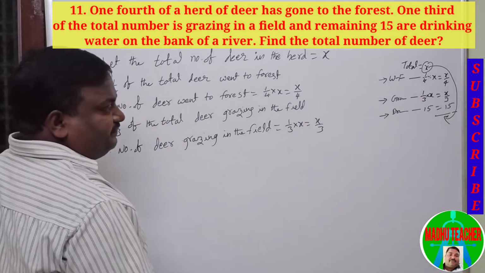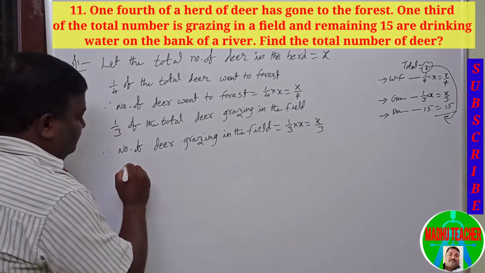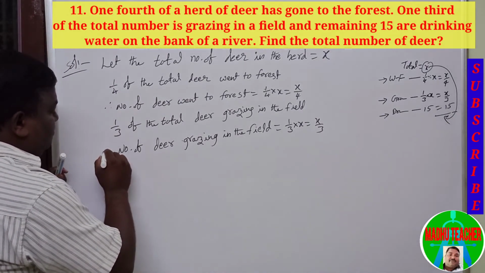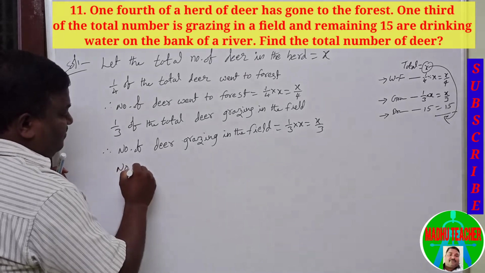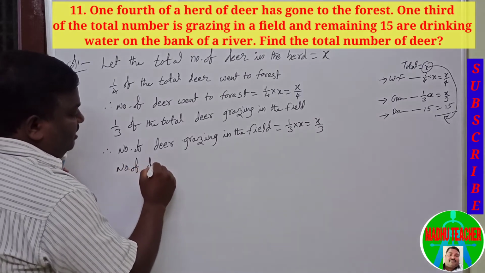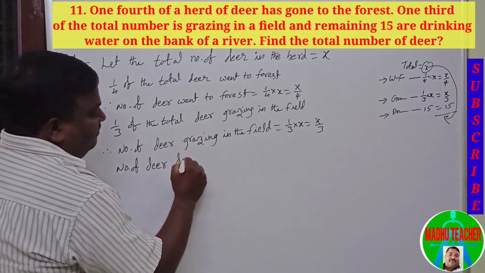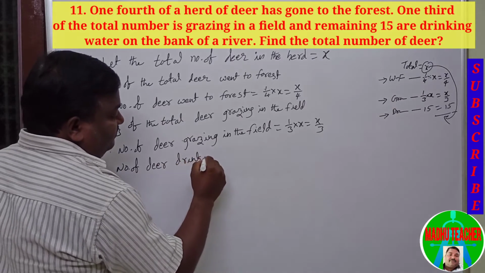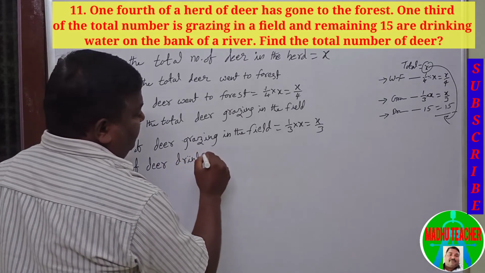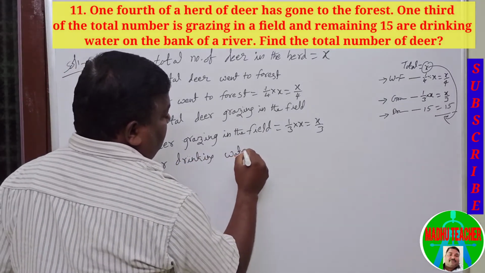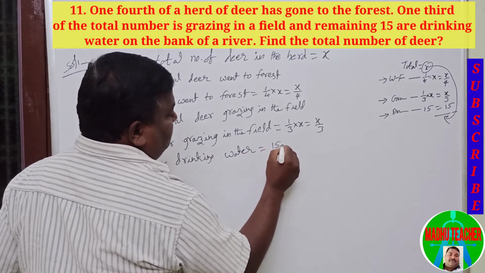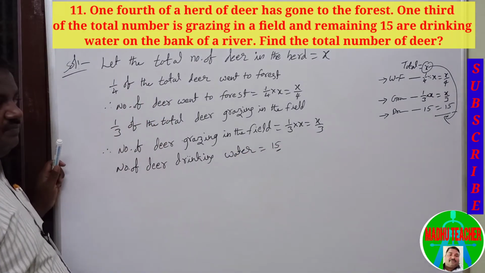Next one is the number of deer drinking water. How many are there? They are a fixed 15 deer.